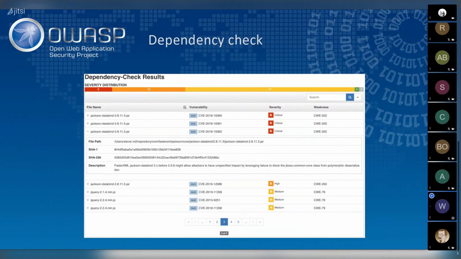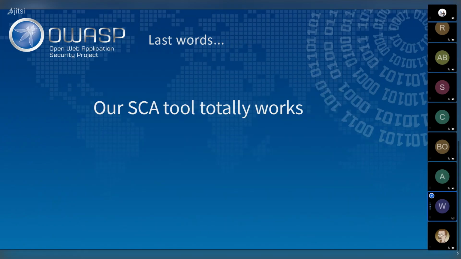Okay, we are halfway through. But it's worth mentioning before we start using your SCA tools, there's one thing that you need to remember.